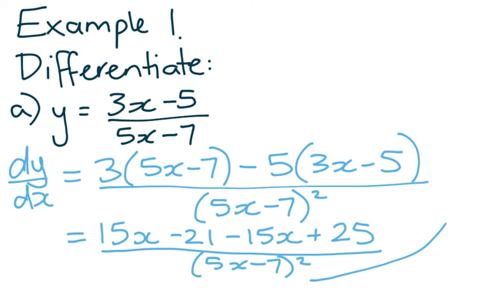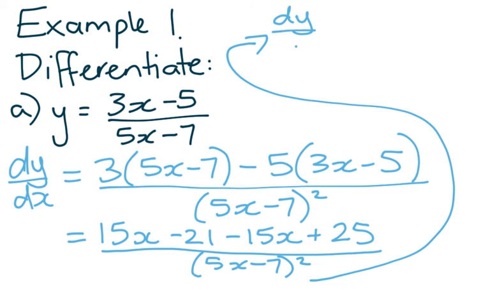I'm just going to go up to the top here to write the answer. 15x take 15x is 0. Negative 21 plus 25 is 4. So we've got dy by dx equals 4 over 5x take 7 all squared. And that's our answer for the first one.